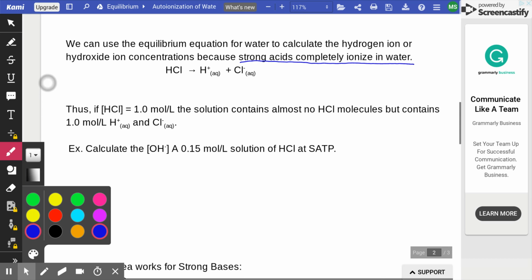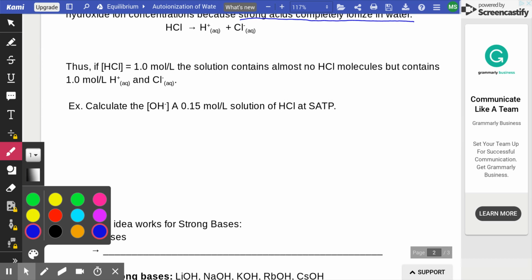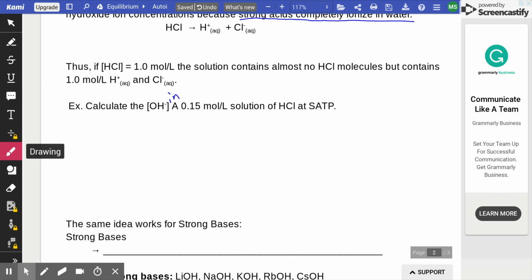So if we want to calculate the hydroxide ion concentration, and it should say in a 0.15 mole per liter solution of HCl at standard atomic temperature and pressure.